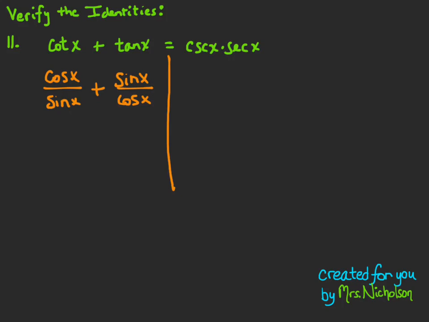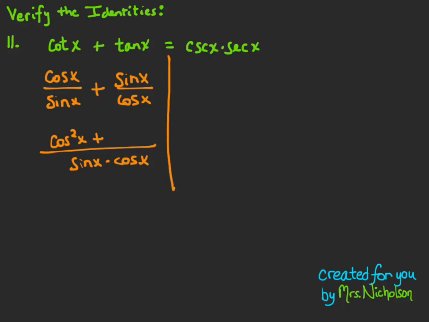Anytime you've got two fractions being added or subtracted, a good strategy is to get a common denominator and go ahead and add or subtract them. So my common denominator is going to be sine x times cosine x. And on my first fraction, if I change the denominator to sine times cosine, I need to multiply my numerator times cosine also. And so I would end up with cosine squared x.